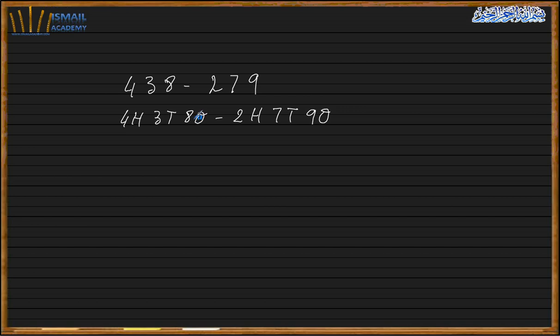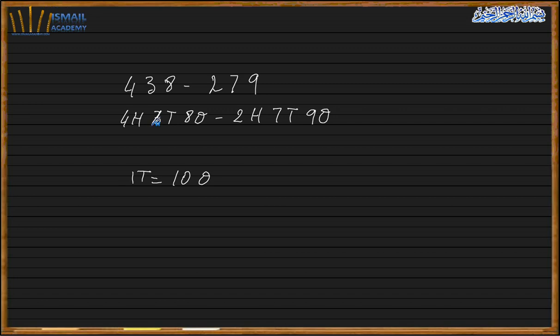It makes no sense because there's something missing here. I cannot have 8 and reduce 9 from 8. So what I do here, because I know that each 10 is 10 ones, I'm going to borrow 1 ten from here and give it to the ones.